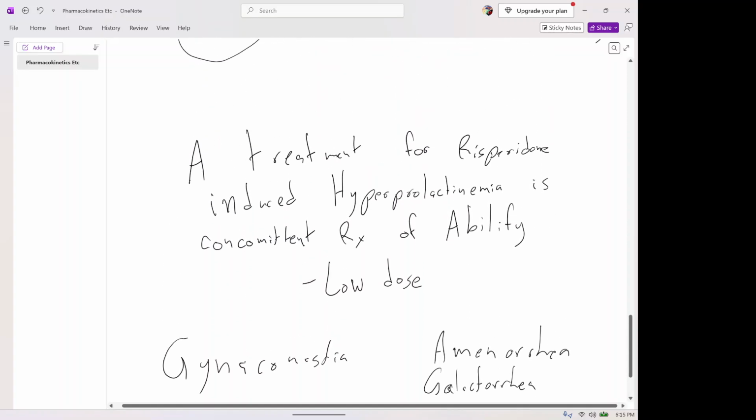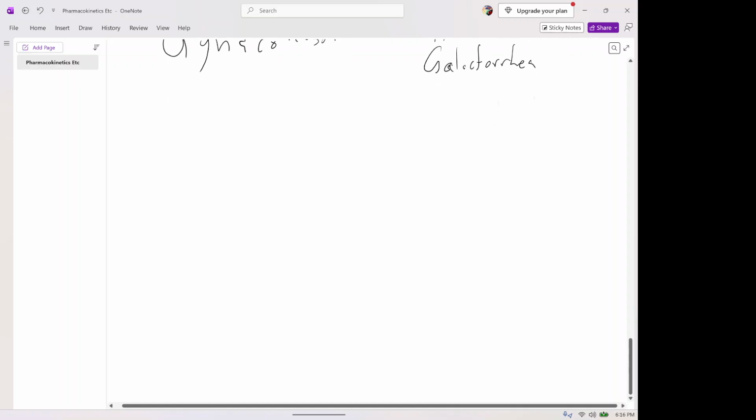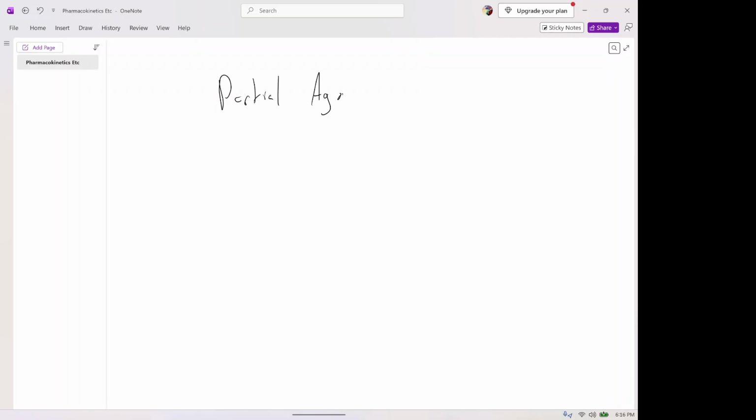Now, another way to look at partial agonists. I try to explain it in several ways so that eventually you can see how I'm explaining the same phenomenon using different language and so you can really understand it. One way that it gets explained is the light switch allegory.